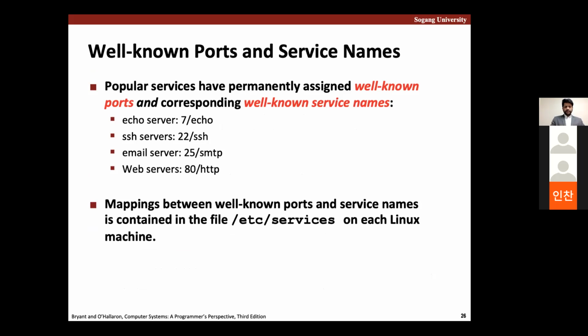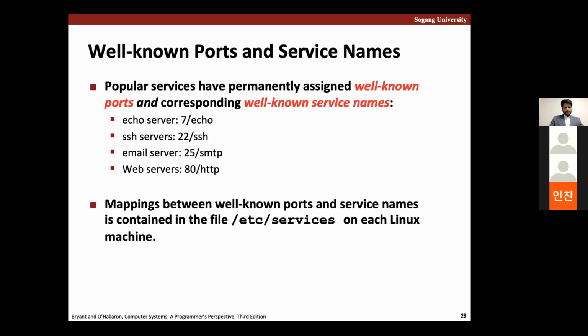For example, the echo server running on your system has port number 7. If you're running an SSH server, it has port number 22. An email server running SMTP has port 25. And if there is an HTTP server running as a web service, it has port number 80.